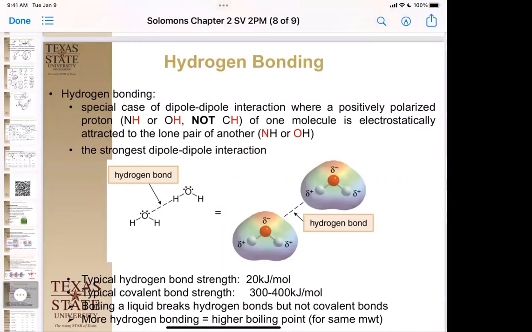Now, why do I say we're going to talk about oxygen and nitrogen only? Those are the ones that give us a polar bond with hydrogen. Sulfur, one group down, the difference in electronegativity between sulfur and hydrogen is not big enough. It's not hydrogen bonding. Carbon, the difference between the carbon and the hydrogen is not polar enough. It's not hydrogen bonding. So the only ones that can are nitrogen, oxygen, and fluorine.